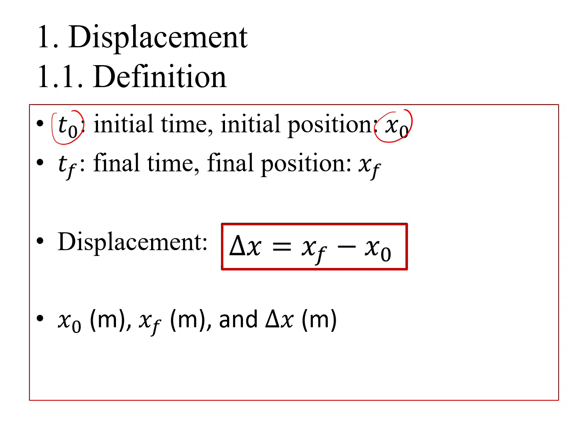And then the final position we call xf, and that is the position of the object at final time. The displacement is given by final position minus initial position, and we indicate displacement using delta x. So delta x means change in position.